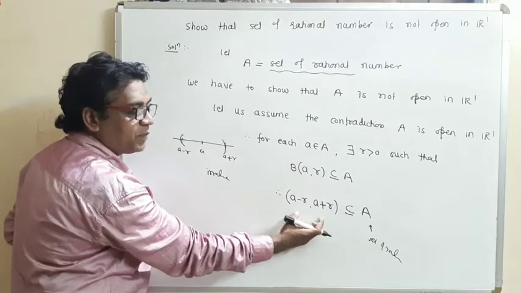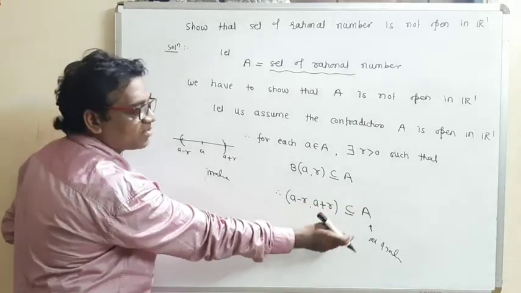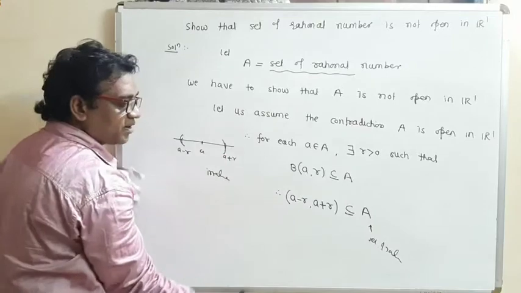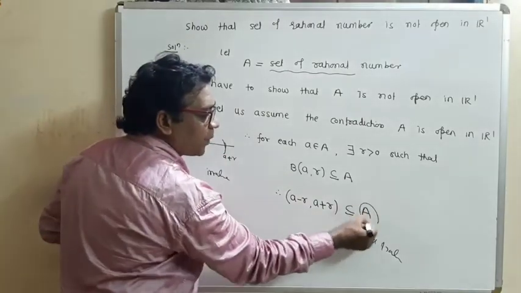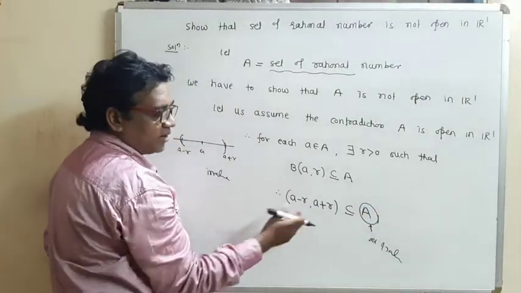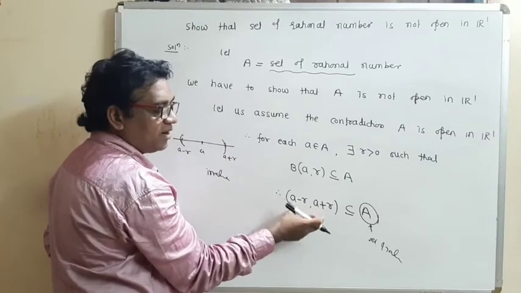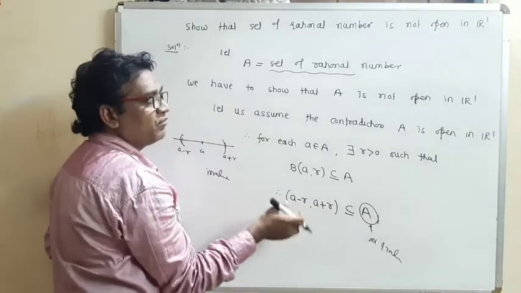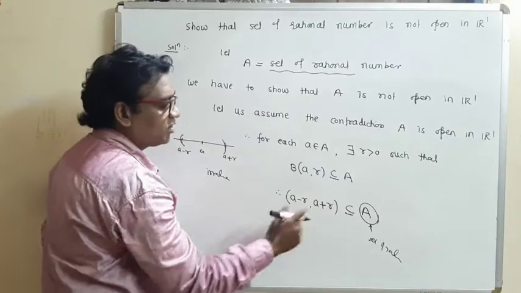So this can never be a subset of that set, because this set A is nothing but the set of rational numbers, and obviously this left-hand side interval contains many numbers which are irrational. So this is never possible.